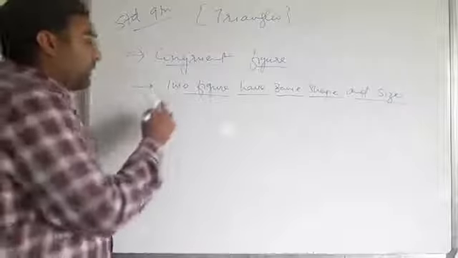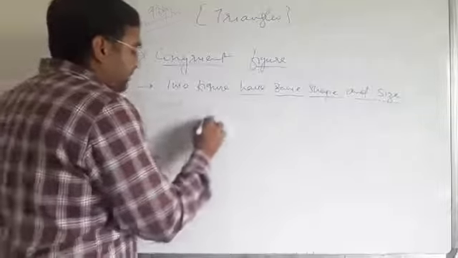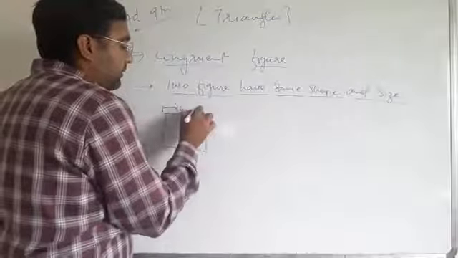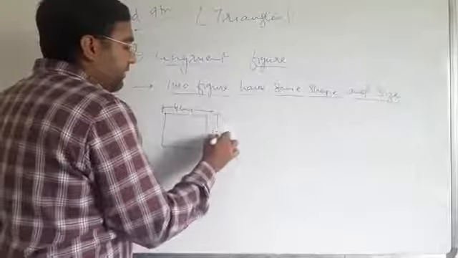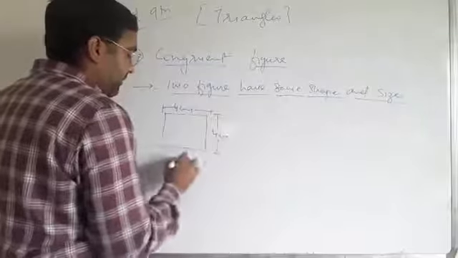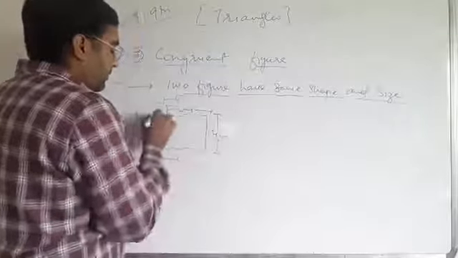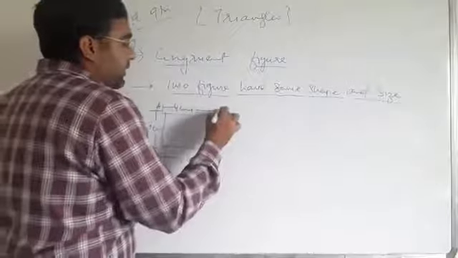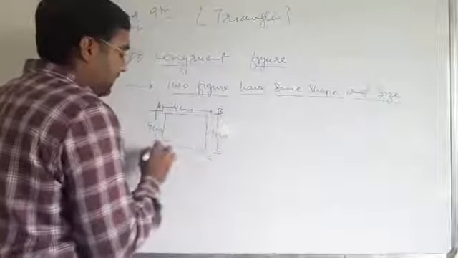Like, I'll take this square of 4 centimeters. All sides are 4 centimeters, and the name of this square is ABCD.